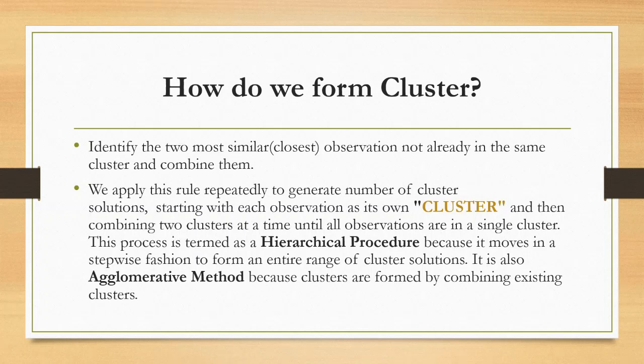This process is termed a hierarchical procedure because it moves in a stepwise fashion to form an entire range of cluster solutions. It is also an agglomerative method because clusters are formed by combining existing clusters.